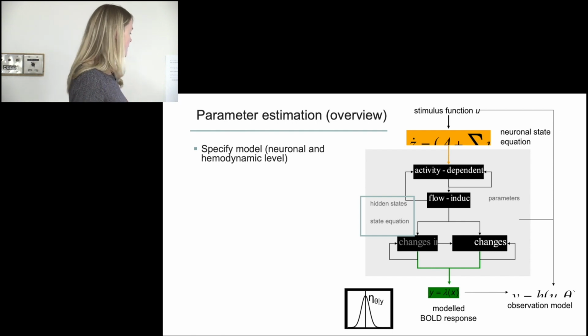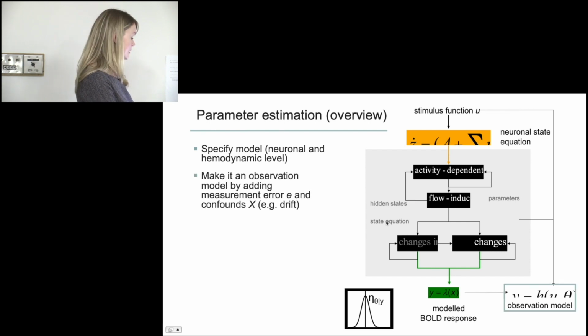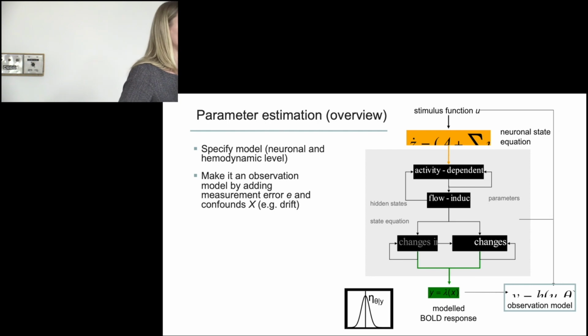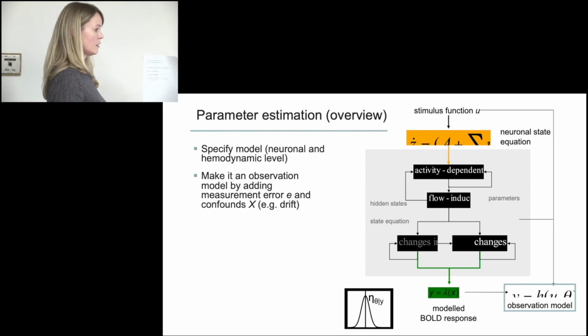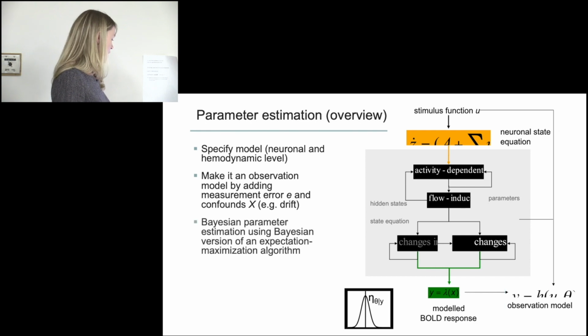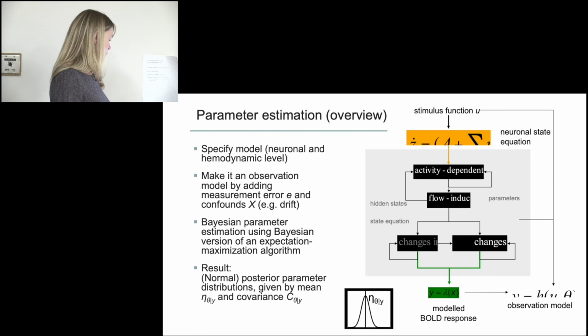The steps are that you specify a neuronal model. That gives rise to some brain activity, but we cannot measure it directly, so we treat it as hidden states. We turn this into an observation model by regarding the HRF function, as also done in SPM analysis. We estimate the models and compare them, and now we're ready to take them to the second level.